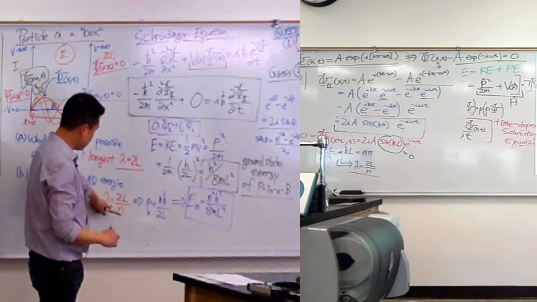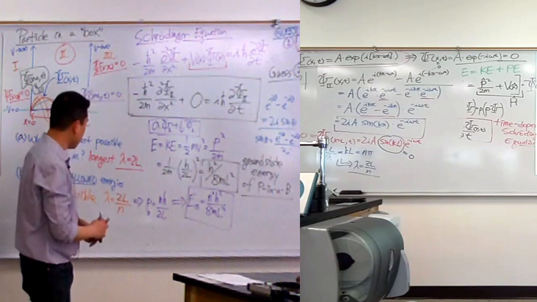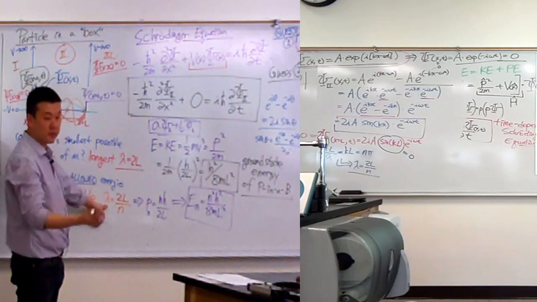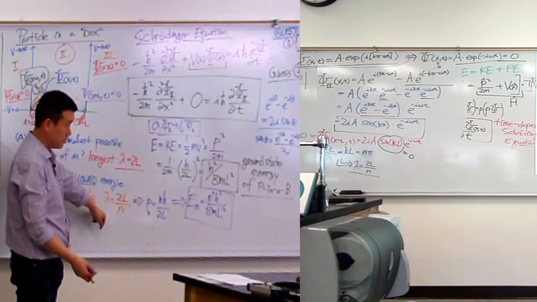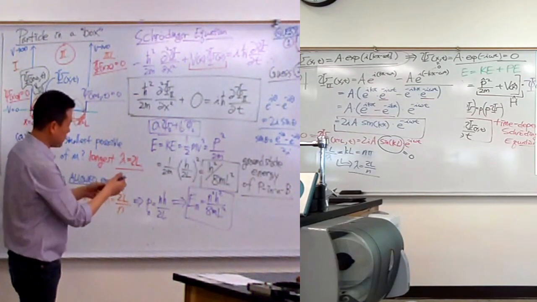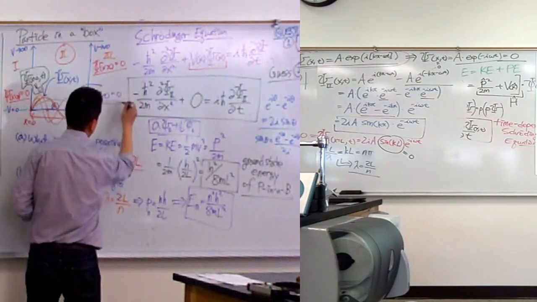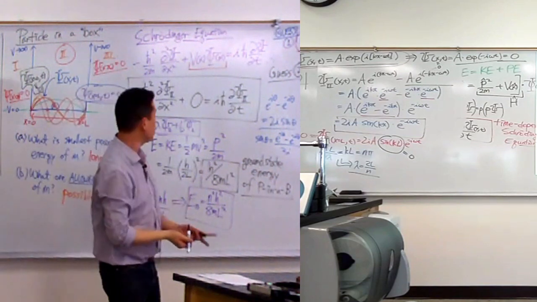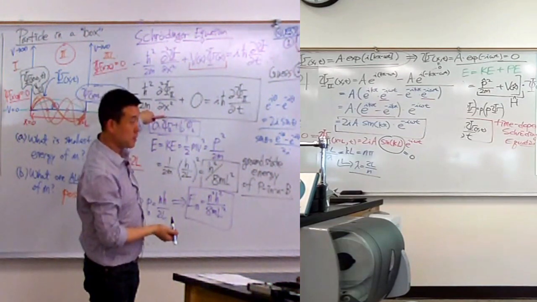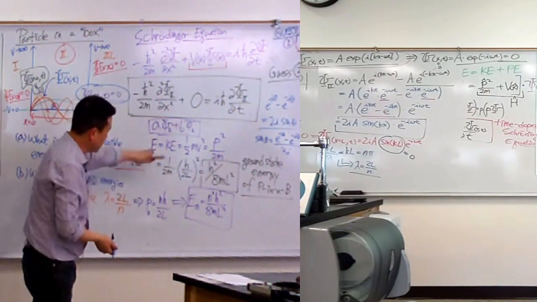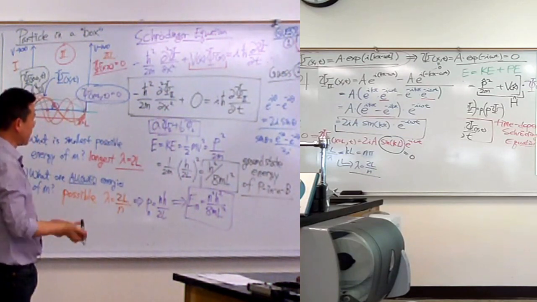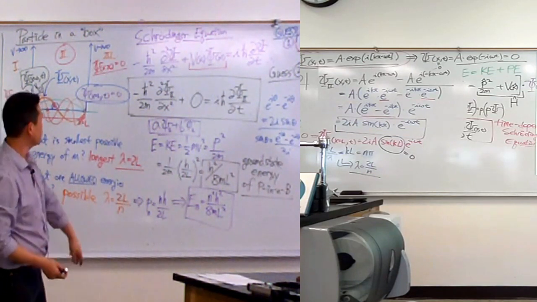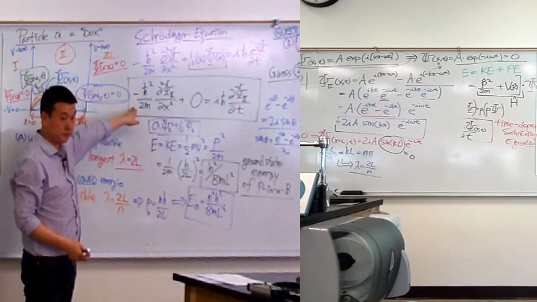So this result we had before, that there's only a limited kinds of wavelengths that are allowed, we get that result by applying this boundary condition to the solution to the Schrödinger equation. So all these results that we can intuitively get, you can also derive them mathematically rigorously once you have the Schrödinger equation.